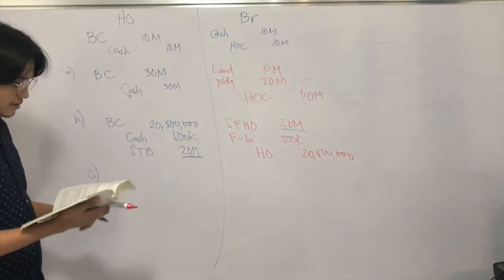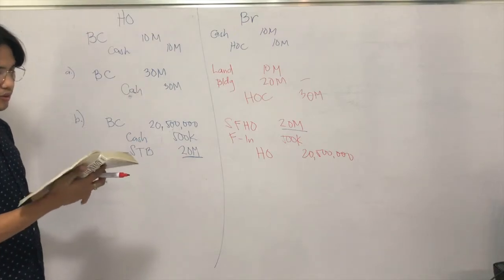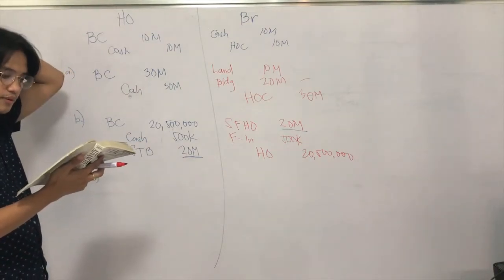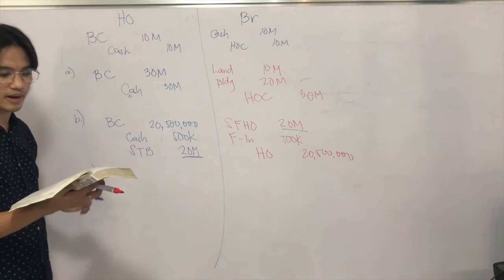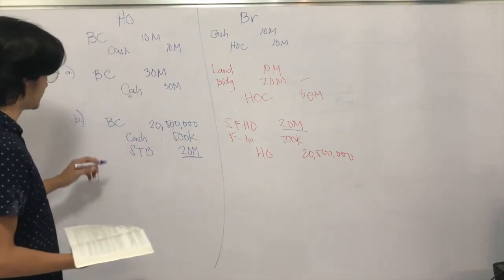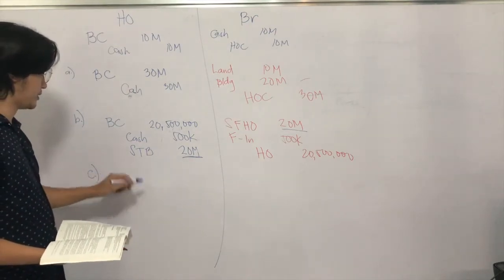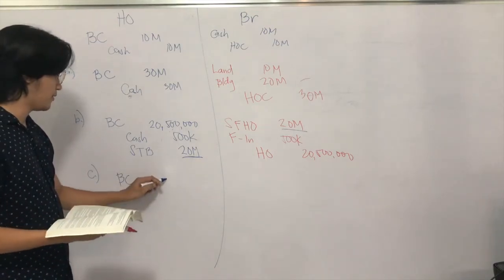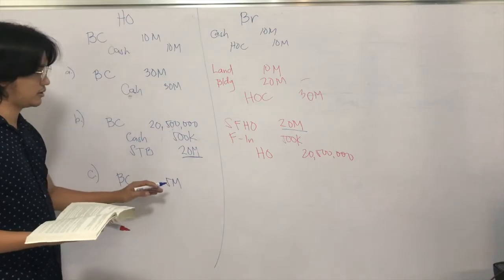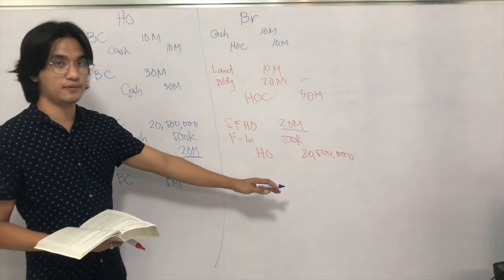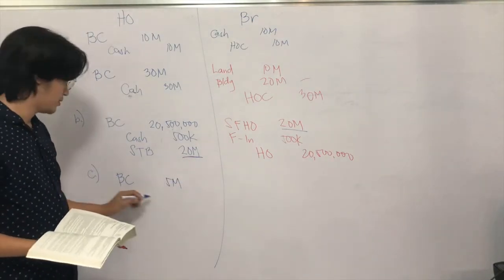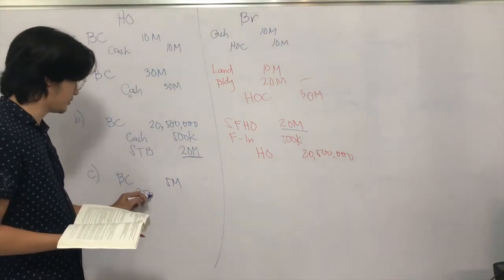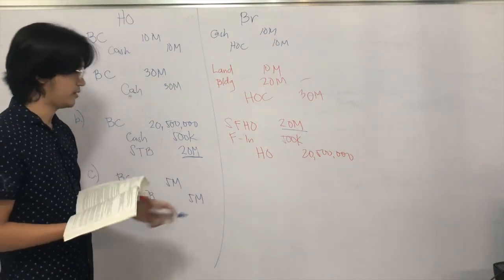Okay. For letter C, on March 1, the home office transfers additional inventory worth 5 million to the branch. This time the branch pays the freight of 100,000. So again, same entry, debit branch current amounting to 5 million. But now, since it is the branch who pays for the freight, you don't record cash here. You just credit shipments to branch, 5 million.